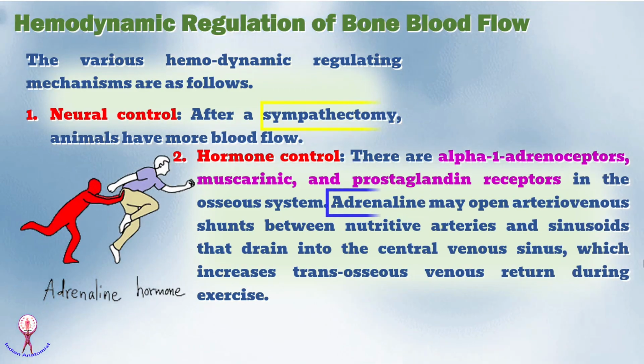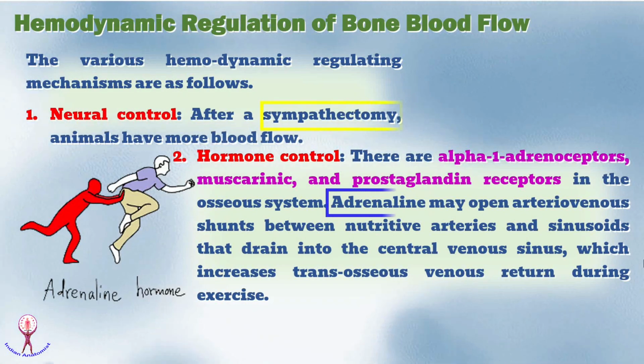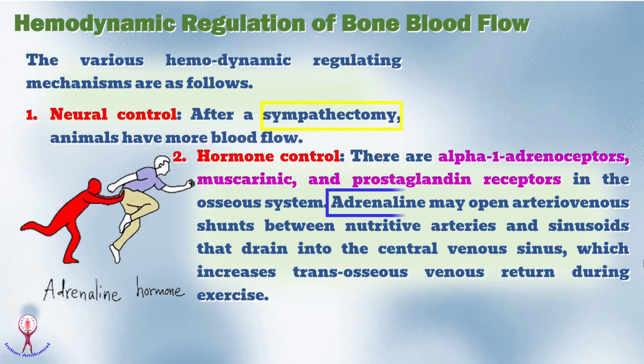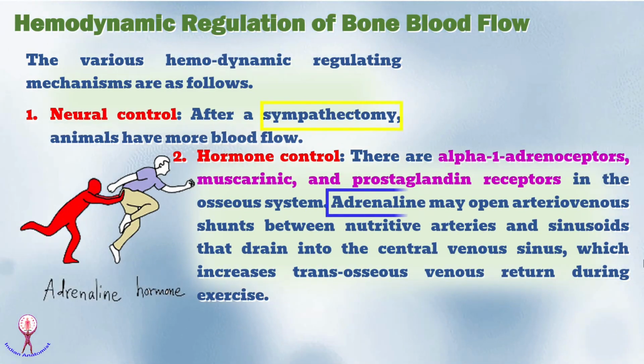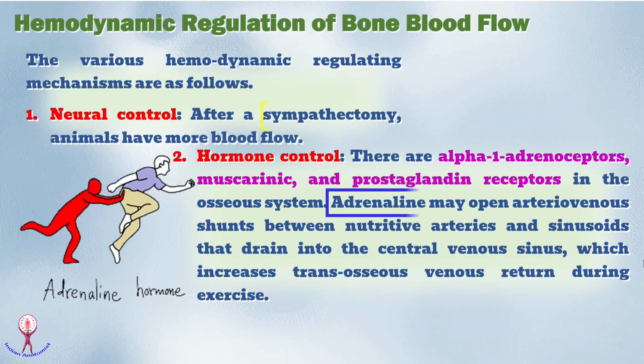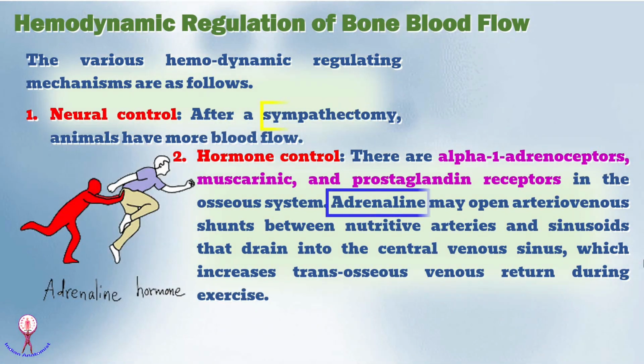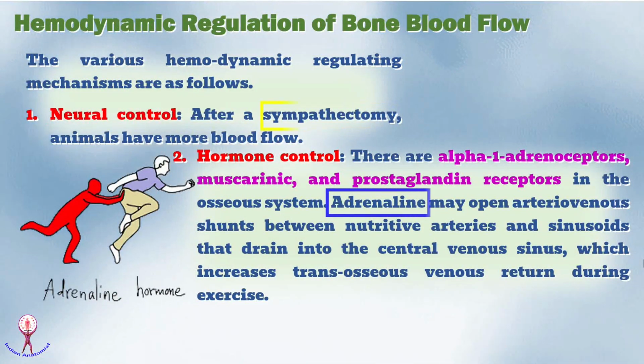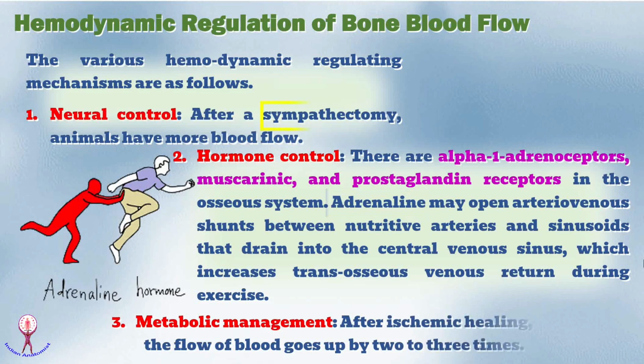There are alpha-1 adrenoceptors, muscarinic, and prostaglandin receptors situated in the osseous system. Adrenaline may open arteriovenous shunts between nutritive arteries and sinusoids that drain into the central venous sinus, which increases transosseous venous return during exercise. Finally, number 3 is metabolic management.